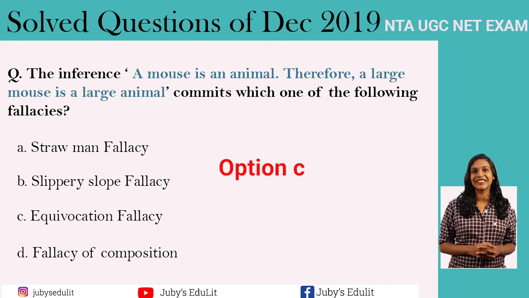So this kind of fallacy is called fallacy of composition, which is also a wrong option here. So the right option is equivocation fallacy.